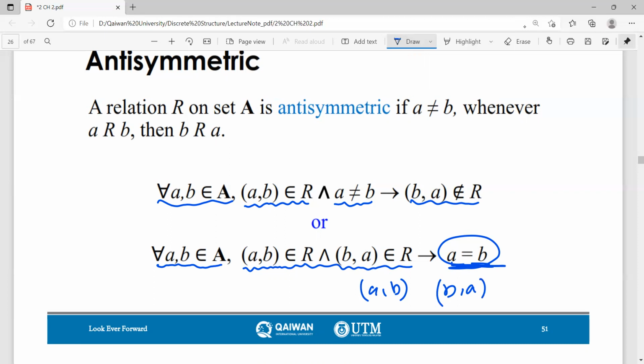That means for anti-symmetric, if you have AB in the relation, you must have no BA in the relation for all A, B in the set.